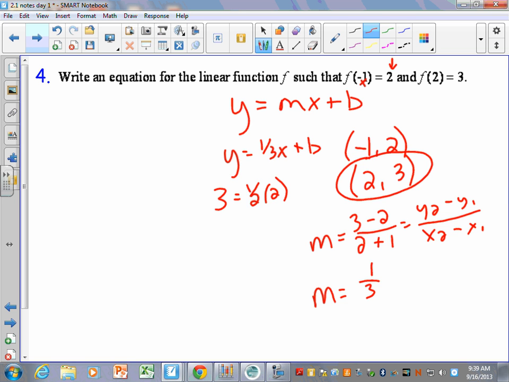Dang it, I was hoping it would work out so nicely, right? And I'm going to solve that for b. So I get 2/3 plus b. So I'm going to subtract 2/3. And I don't care if you give me a mixed number. I know your calculator will give you a mixed number or an improper fraction.